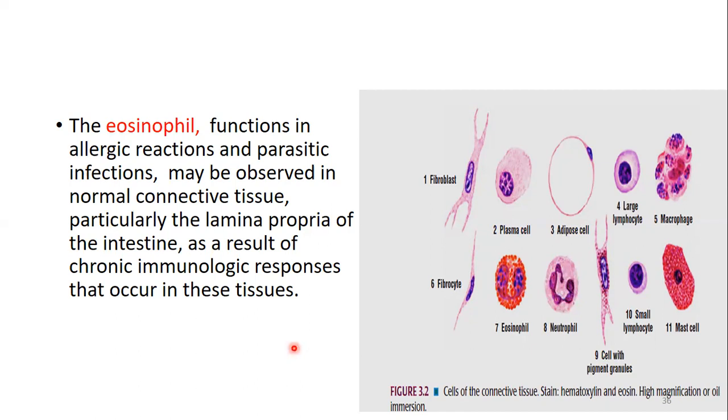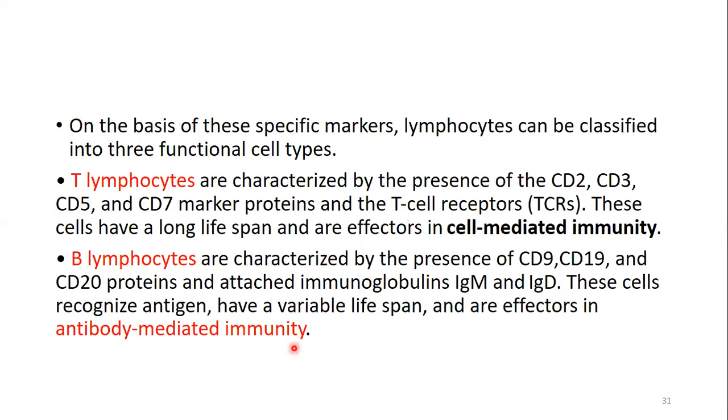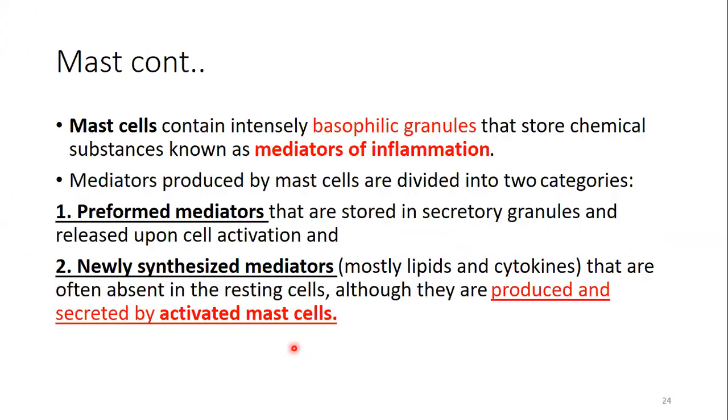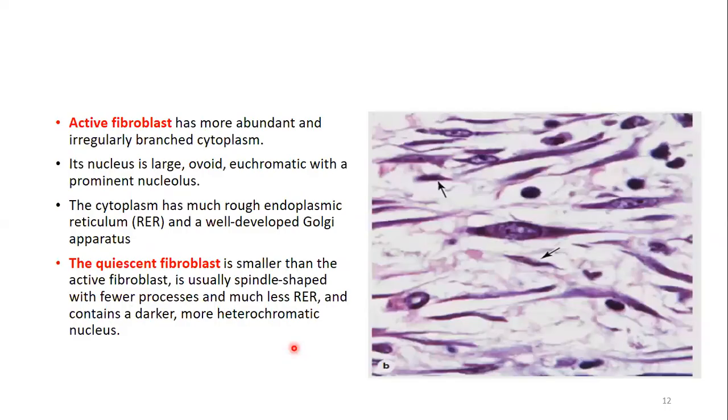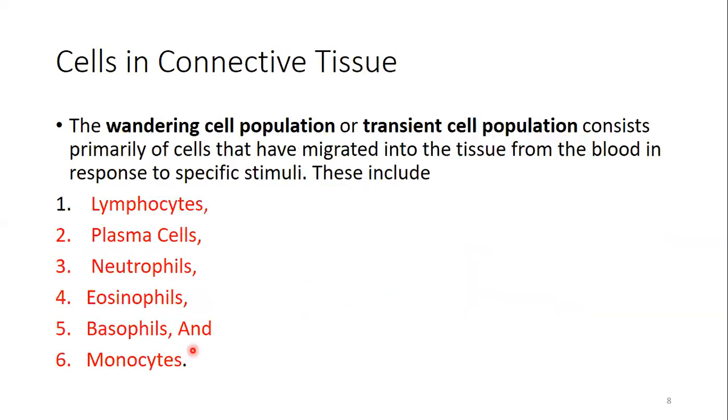Okay. Then the last transient cell to look at is a cell known as a monocyte. Now, a monocyte, this one here, we need to be together here. A monocyte is a macrophage of blood. In terms of size, monocytes are a bit smaller than macrophages, and they are always found in blood.